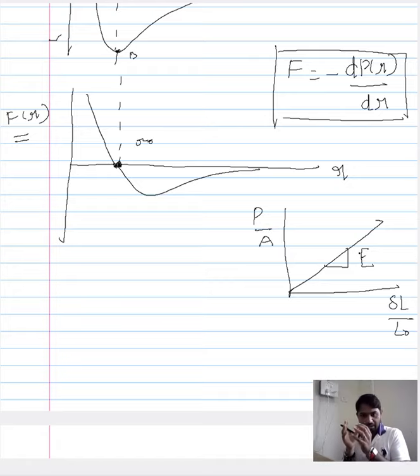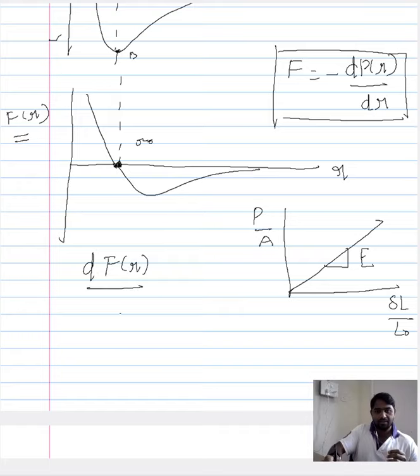Now, based on this understanding, you bring it to the atomistic scale: you have force and you have distance between the atoms. And now when you consider the slope of this force curve, the force and the distance separating the atoms, that is dF(r)/dr, you can fairly relate it to the slope of the stress-strain curve, and both will lead us to the Young's modulus.